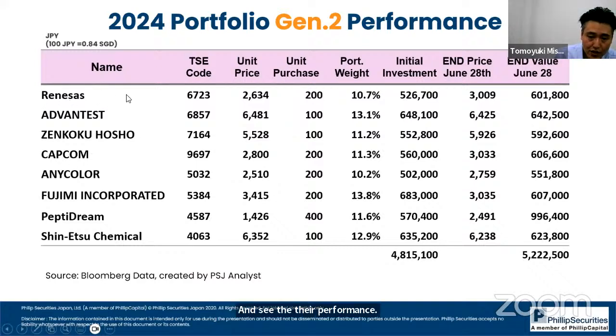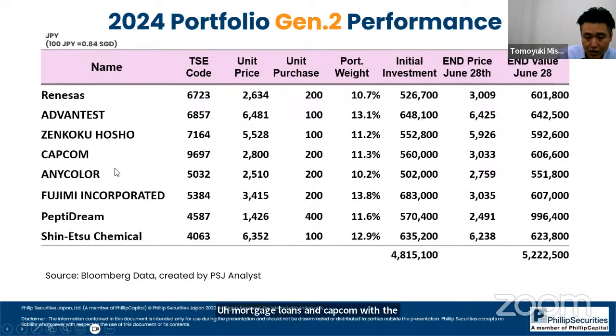Renesas is a semiconductor company making silicon chips and power chips for automobiles and also for some data centers. Advantest is the vendor of devices for production of silicon chips. Zenkoh Kosho sells protection for mortgage loans, and Capcom is a gaming company.